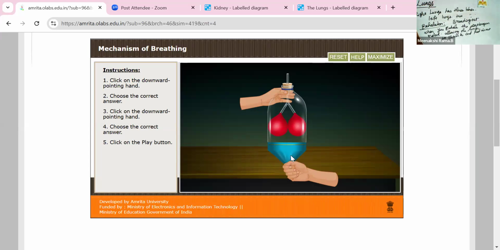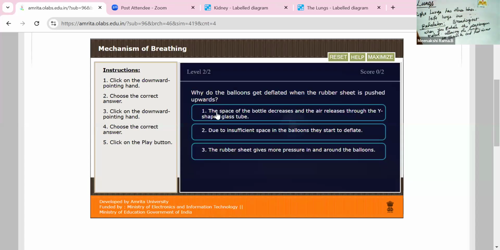And then, yes, the exhalation process. The air is released from this area. Why do the balloons get deflated, the rubber sheet?